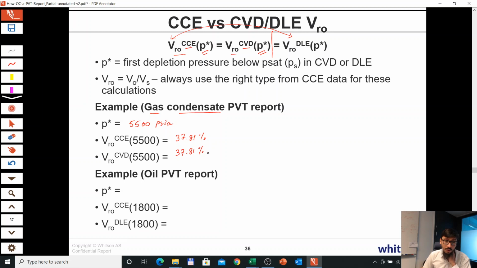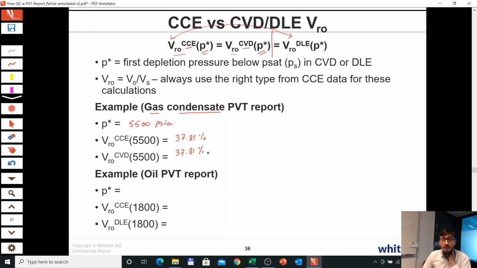The only way to be sure which one you should weigh more during an EOS tuning process is that when you develop the equation of state model with an initial EOS model that is characterized properly with all the C7 plus characterization methodologies that we discussed during the advanced PVT course, the predictions should be reasonable for the relative oil volumes.